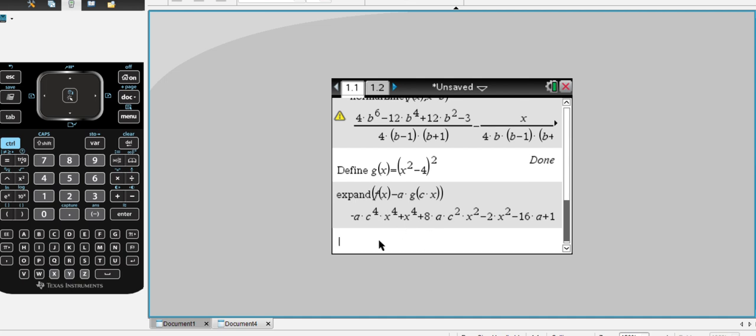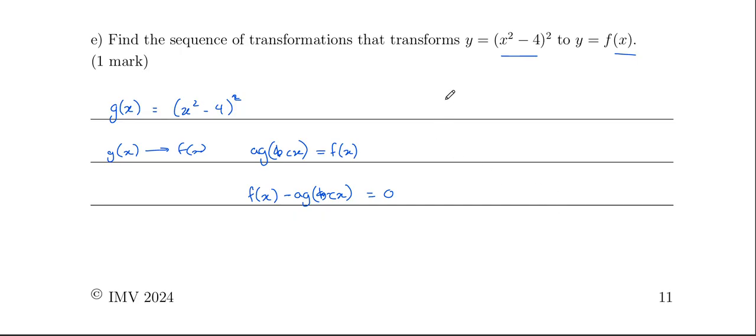And as we said here, that has to equal 0. And the way that can equal 0 is if the coefficient of x to the power of 4, the coefficient of x to the power of 2, and the constant term at the end are all equal to 0. So if we look at the constant term at the end, negative 16a plus 1, this has to equal 0, which implies that a is equal to 1 over 16.